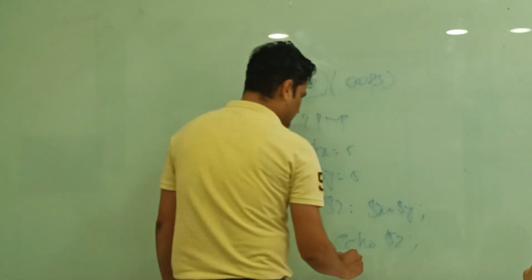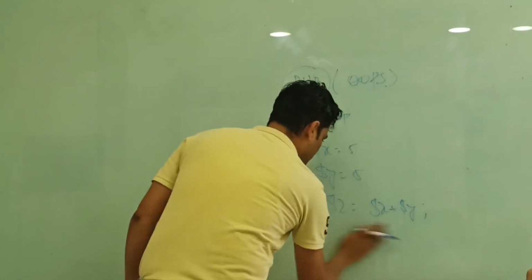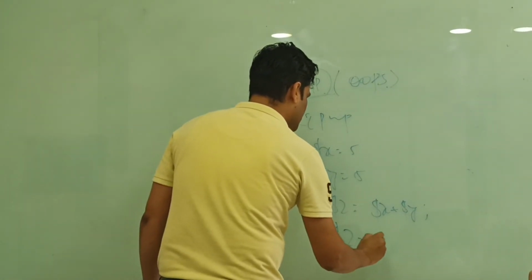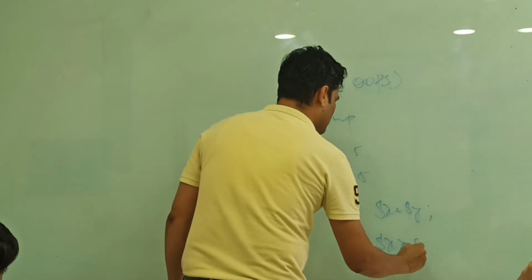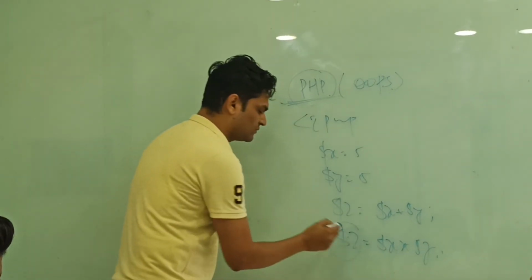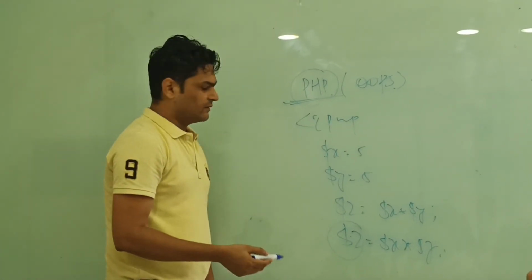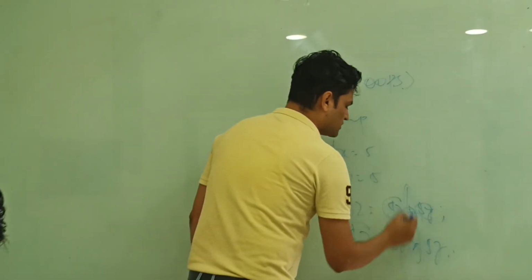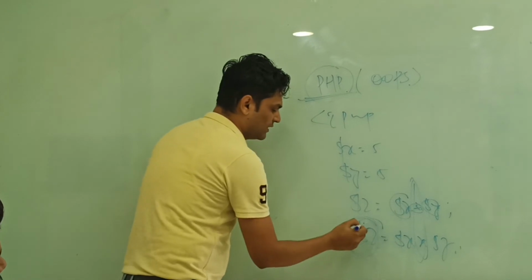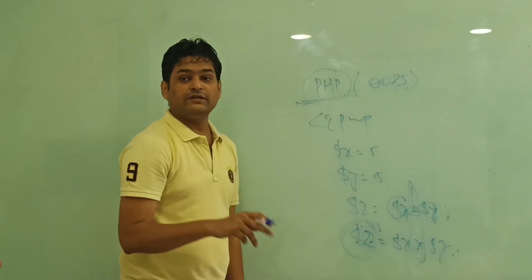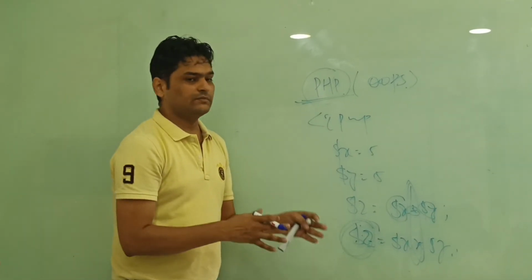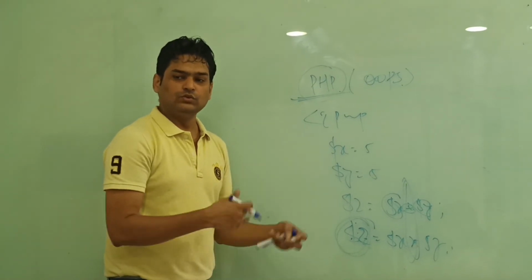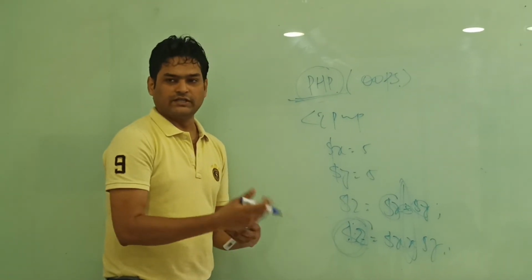Similarly, if I do $z is equal to $x into $y, what will be the result inside of z? 25. It means this is the operand and this is the operator. If you change the operator, the resulting value of this variable will change. So we have multiple operators that you can use to change the value of the third variable.